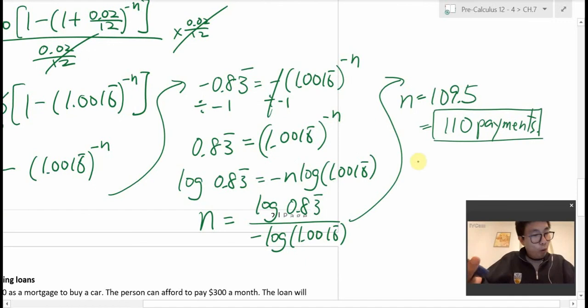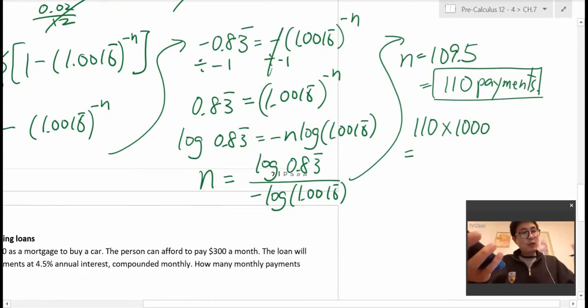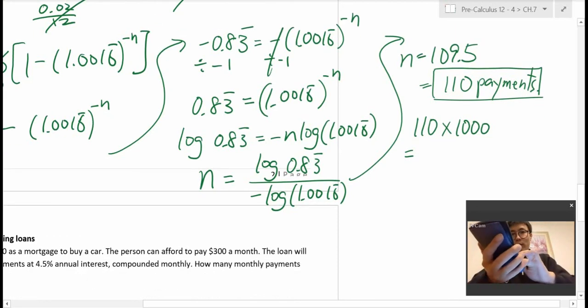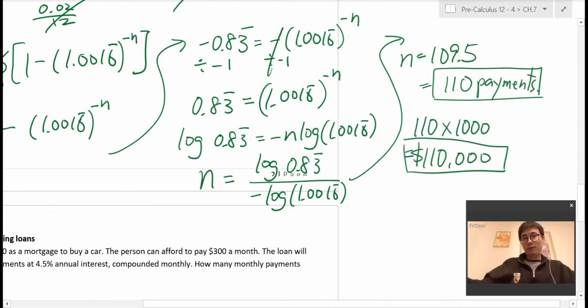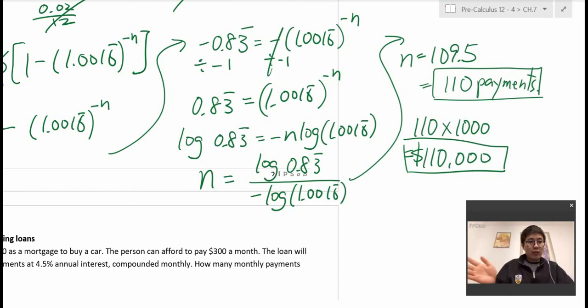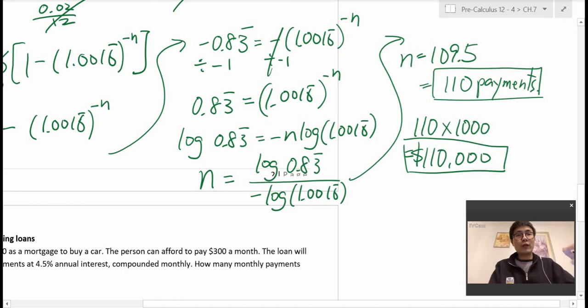Approximately, to borrow $100,000 given the situation, the total that you actually need to pay, well, I don't know why I put it into the calculator. I don't need it. This is actually the amount of money that you paid to repay your $100,000. So for the entire duration, 110 payments, you pay around $110,000 for the $100,000 that you borrowed, right?